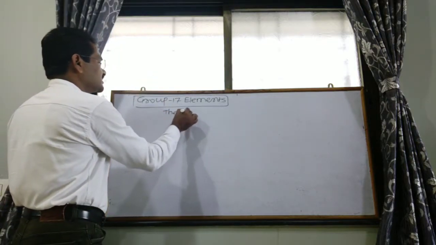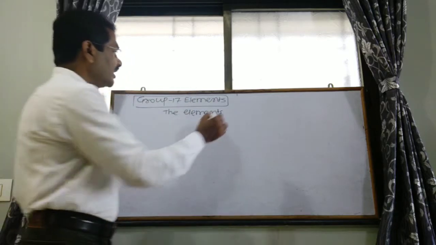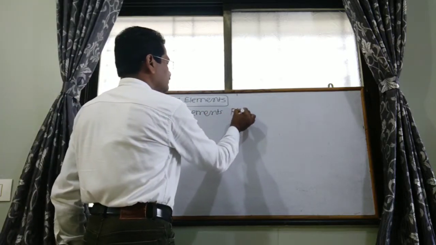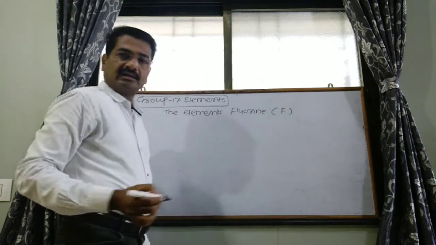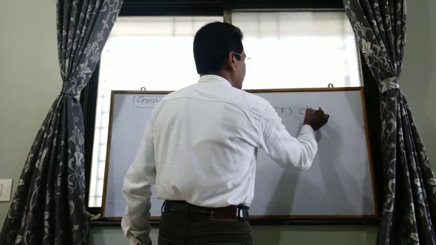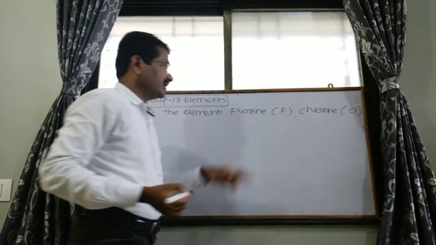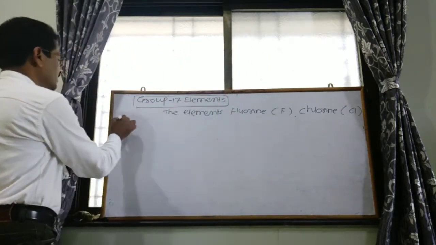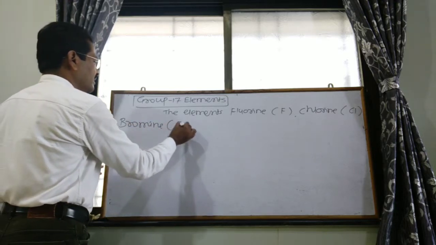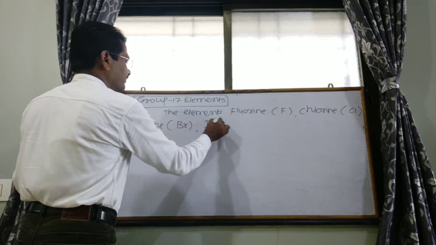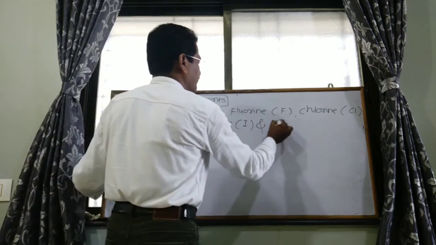The elements fluorine, then chlorine, third bromine, iodine, and astatine.